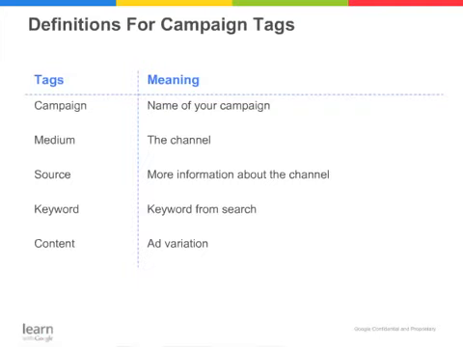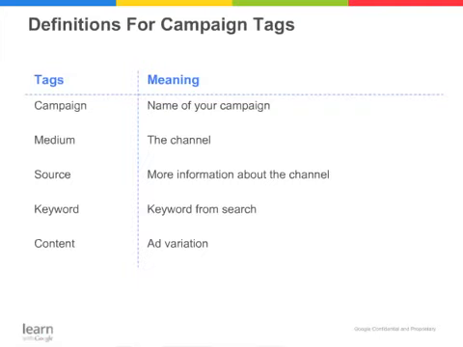You can use the source in order to identify that you're sending this email to moms. Or if you're sending the email to a certain geographic area, people in the Northeast United States, people in Central America, people in Canada, you might use the source to identify that it's going to a certain group of people. It's a way for you to just add a little bit more information into Google Analytics.